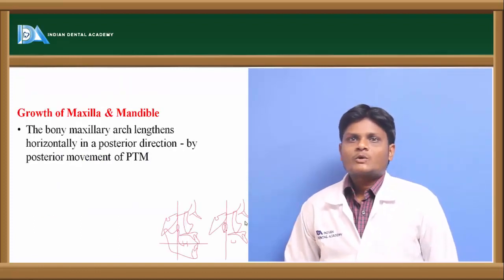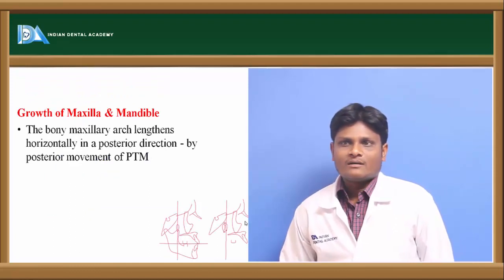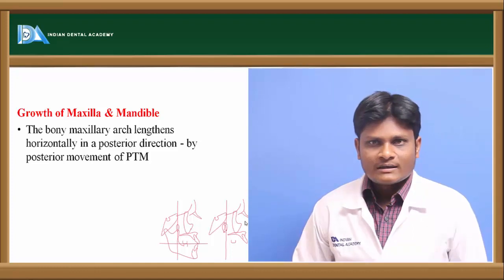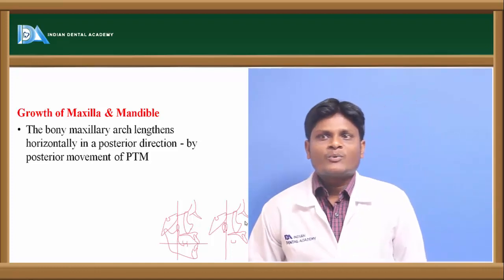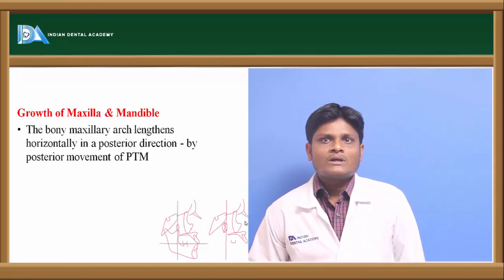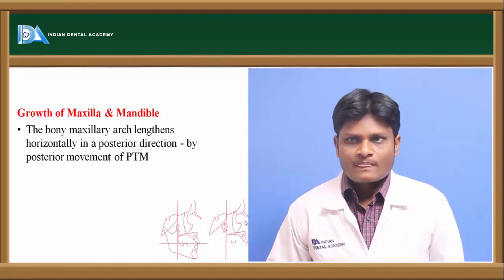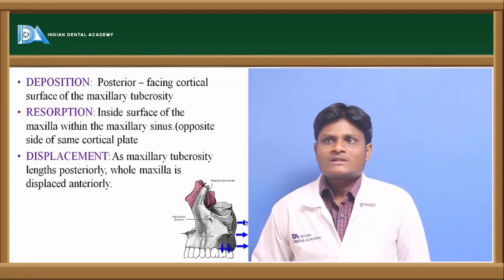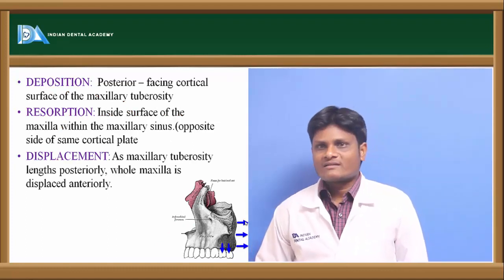When we consider growth of the maxilla and mandible, the bony maxillary arch lengthens horizontally by deposition of bone in the region of the tuberosity. Thereby, deposition occurs on the posterior facing cortical surface of the maxillary tuberosity.